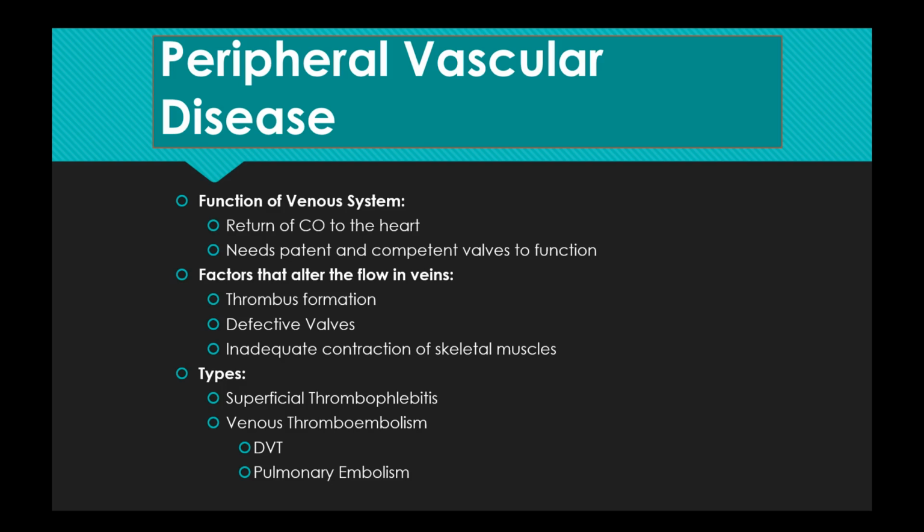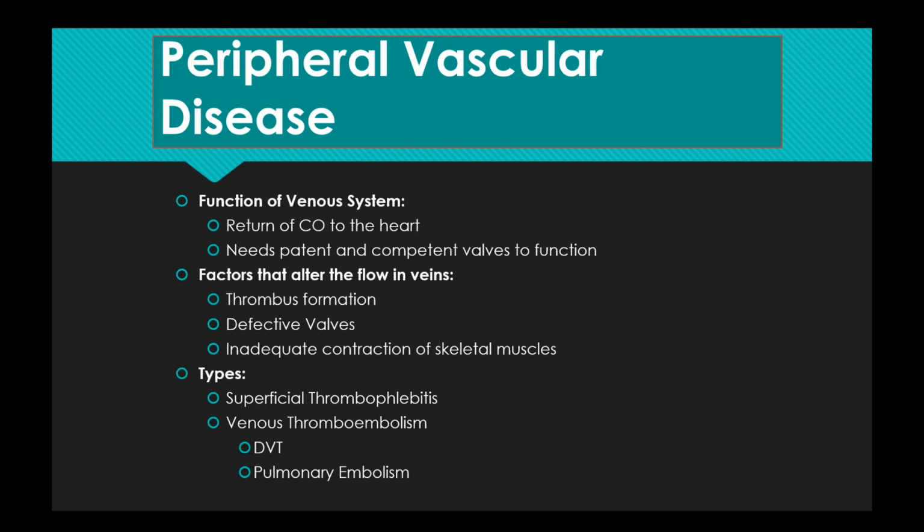In order for that to happen and to cause no backups of blood and other complications, we need the valves to function properly. There are valves throughout our entire venous and arterial system, so that when the heart pumps, those valves open, and then when the heart's refilling, they close so that nothing backs up.